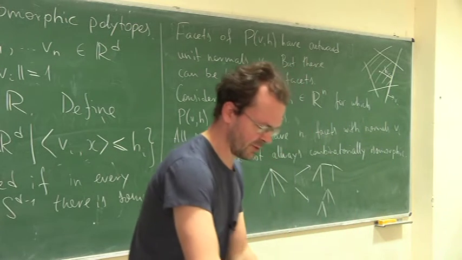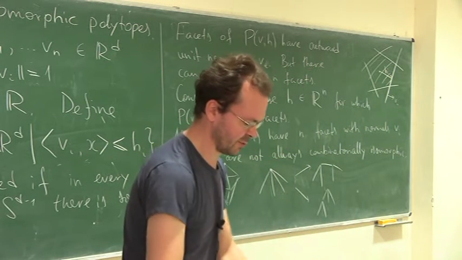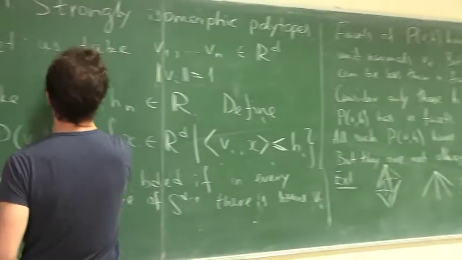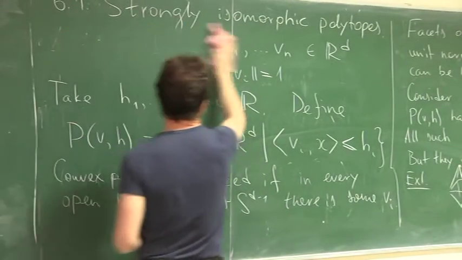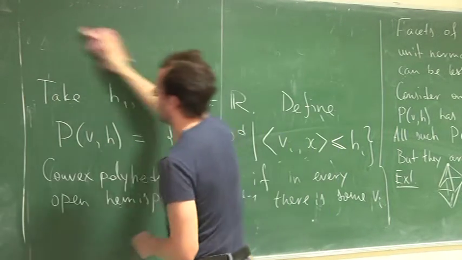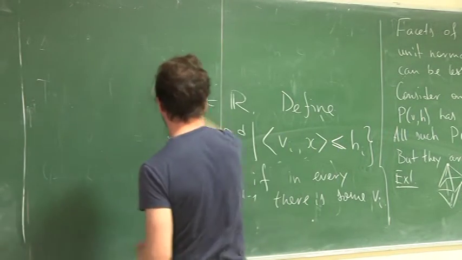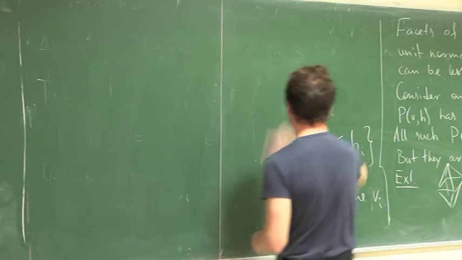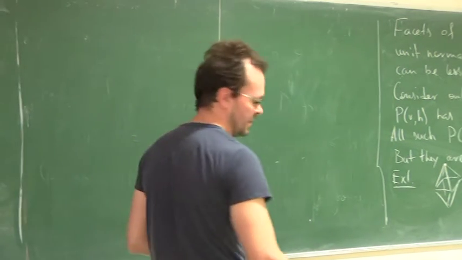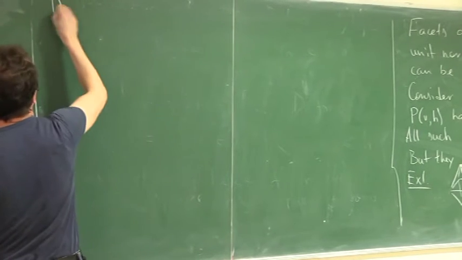So this is the situation, and we want to consider only those polytopes which have the same facet directions and the same combinatorics. And they are called then strongly isomorphic. So let me put it as a definition.